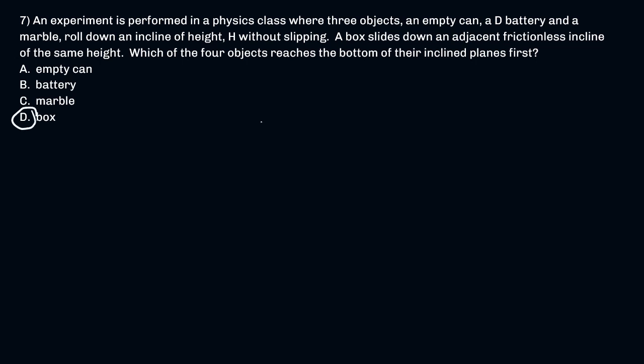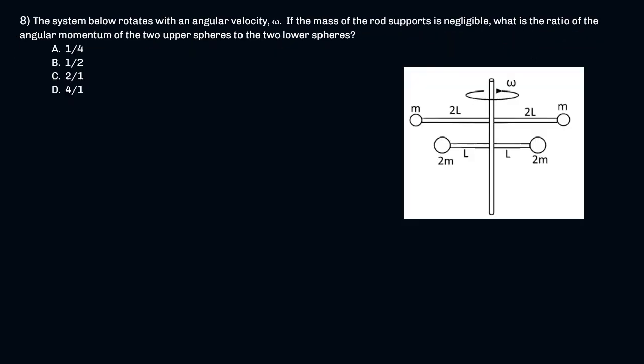All right, so let's move into our final example. We have the system below rotates with an angular velocity omega. If the mass of the rod supports is negligible, what is the ratio of the angular momentum of the two upper spheres to the two lower spheres?